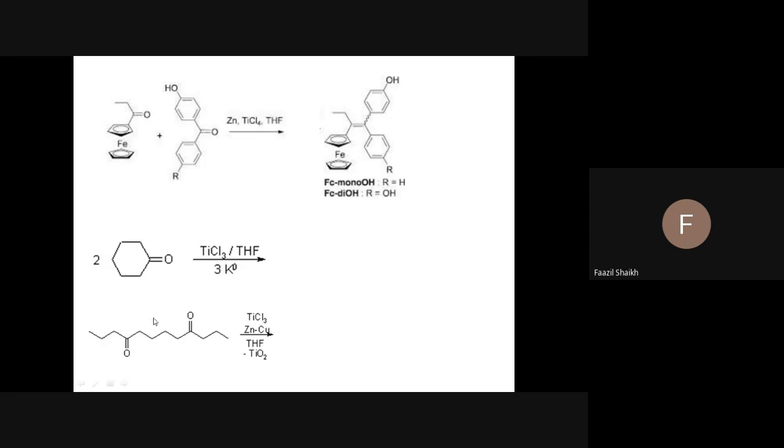Okay. So you see again, this is what we have. So this carbonyl and this carbon will form a bond, a double bond. So can you think, using this condition, zinc copper couple, very excellent reducing agent. THF is tetrahydrofuran, a solvent, and there is a loss of titanium monoxide, okay, not dioxide, monoxide. And what we can see here, formation of a compound like this.